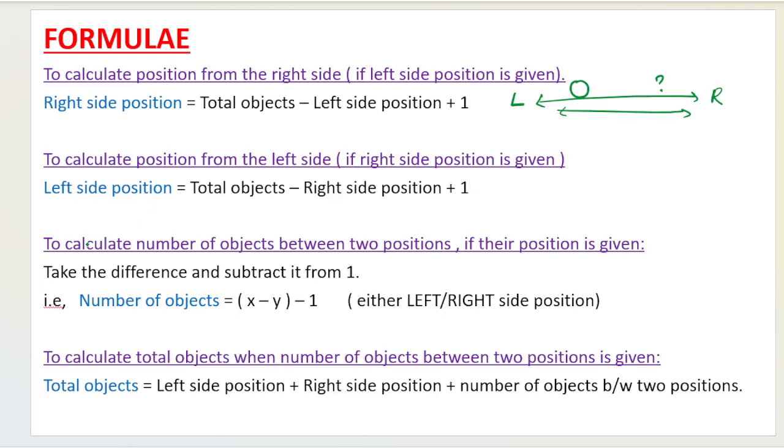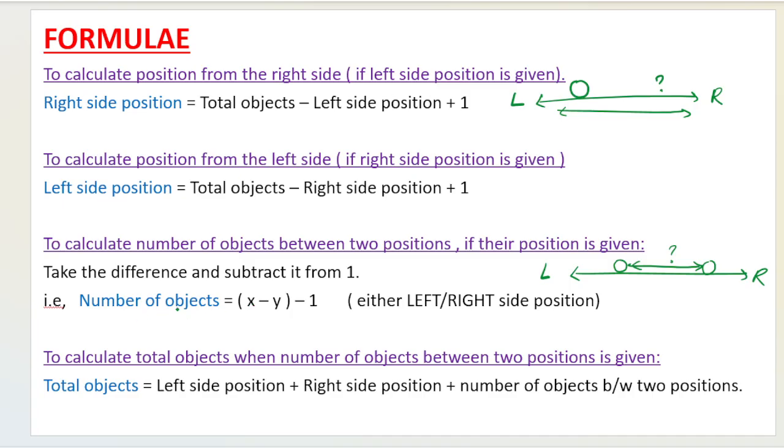And the third formula is to calculate number of objects between two positions if their position is given. So this is the rank, this is left and this is right. If left position is given and right position is given, and they ask to calculate number of objects between left and right, here is the formula.